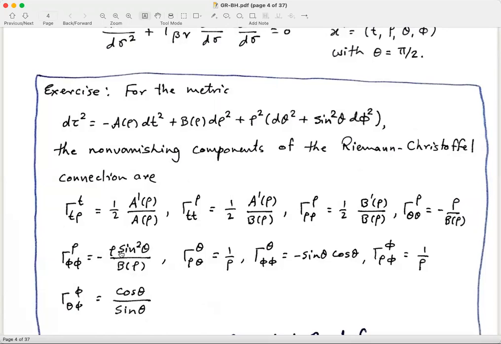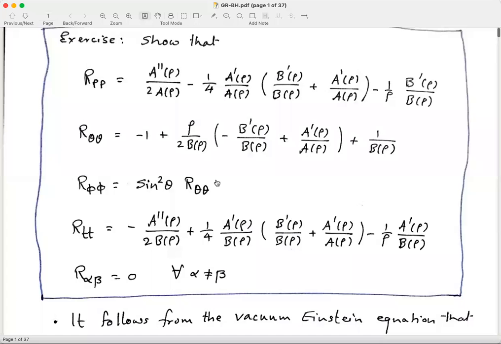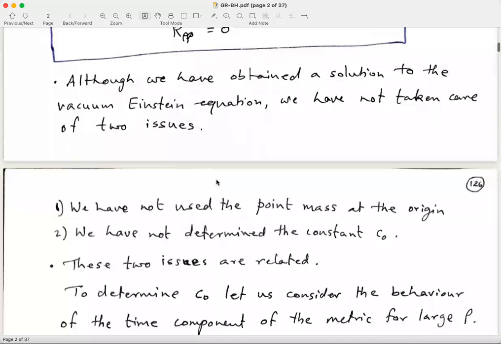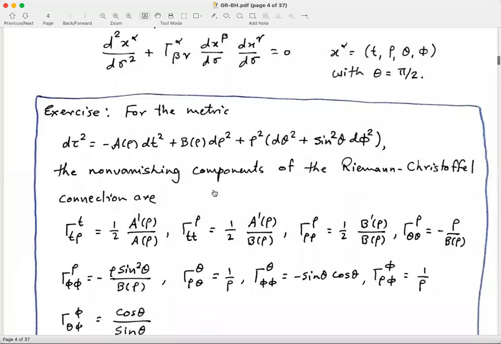Okay, so once you get these, as I mentioned last time, you need to get this even before you do this computation, because this exercise would require computing those Riemann-Christoffel connections anyway.